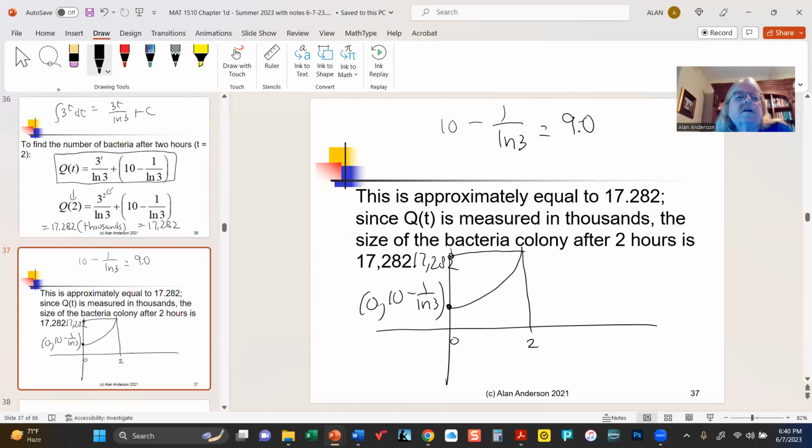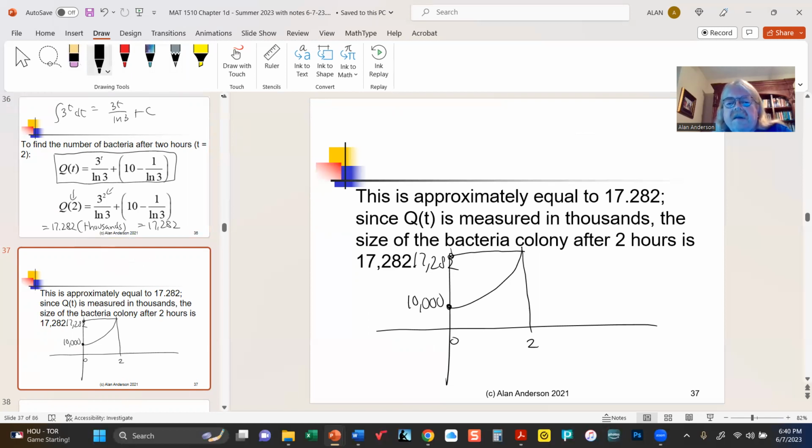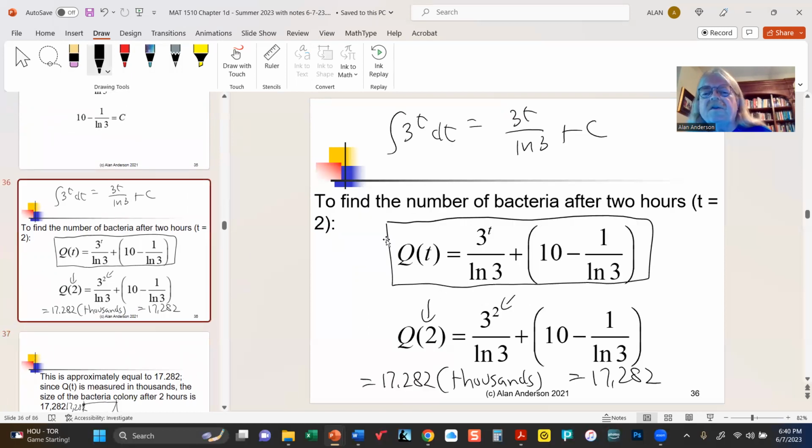Well, actually, no, that's not right. They told us that we started at 10. Sorry, what am I doing? This is just 10. All right. So forget this part. We started at 10, and we end up 2 hours later at 17,282. Okay, so that's what we know. We know where we started, we know what the growth rate is, and therefore we can predict the value at any point in the future with this formula right here.